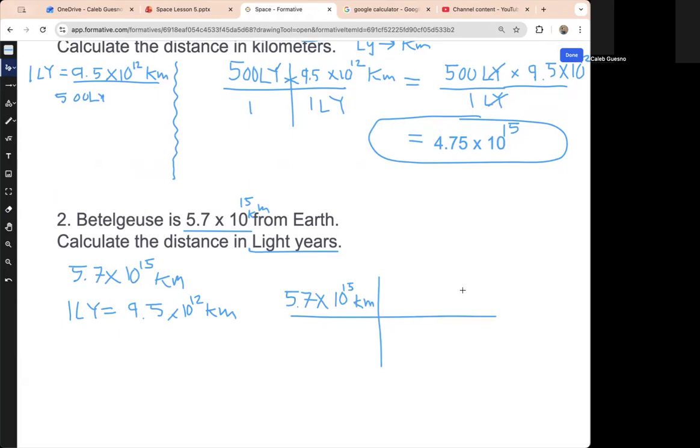What we want is light years. Ly. In 1 light year, there is, what we're going to cancel, 9.5 times 10 to the 12 kilometers.